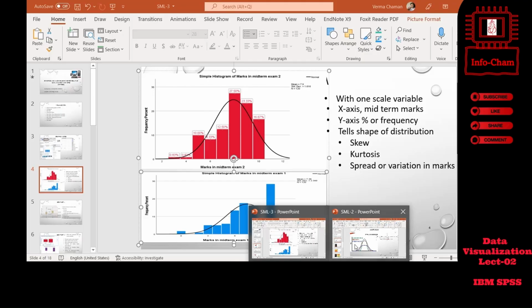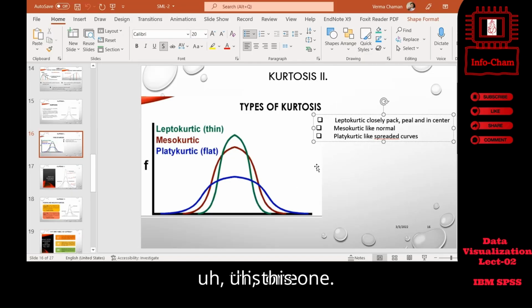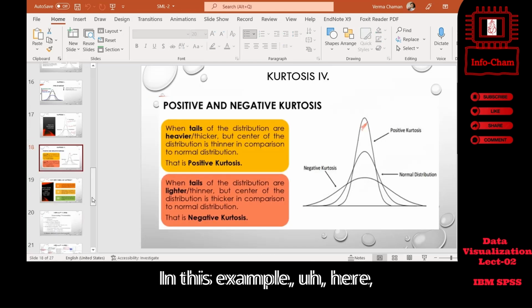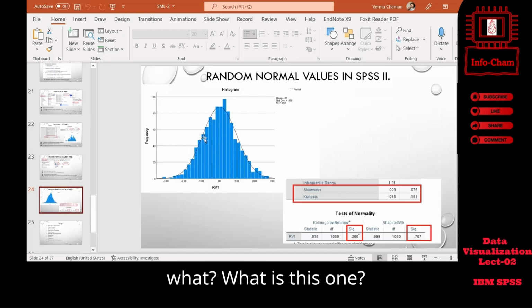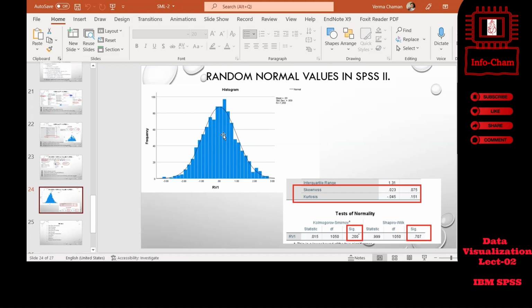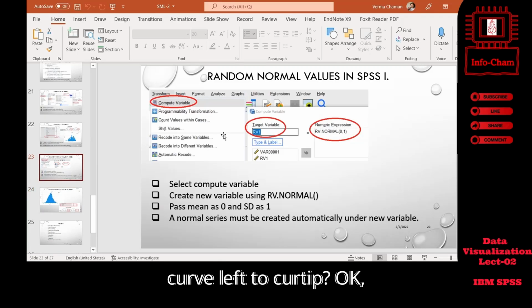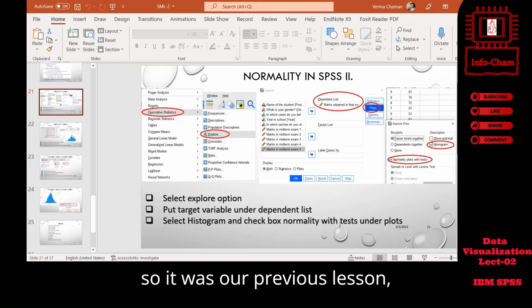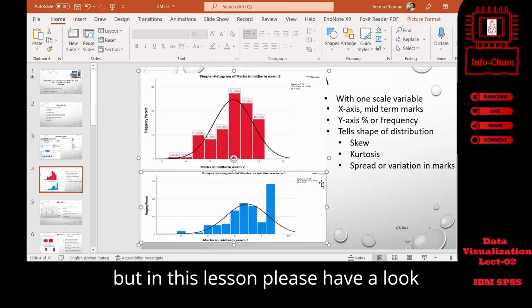And in this example here, which type of kurtosis can you say? It is looking like a leptokurtic, right? Leptokurtic. Okay, so it was our previous lesson.